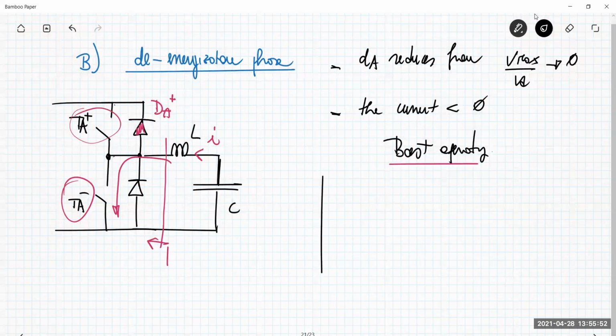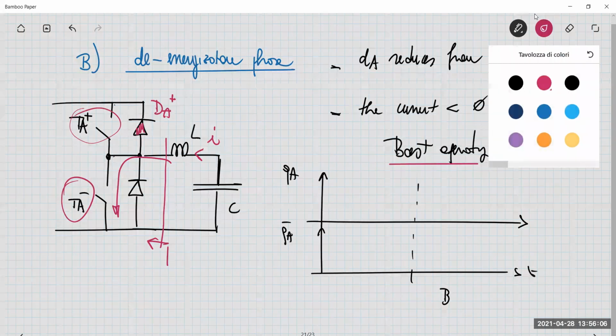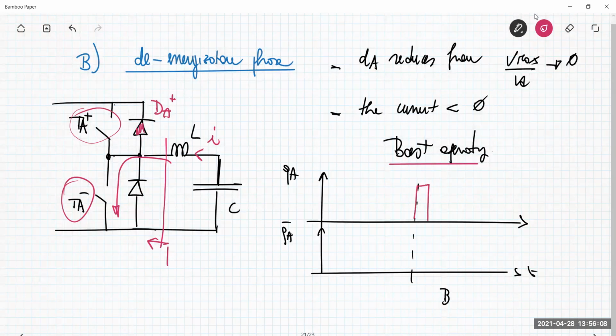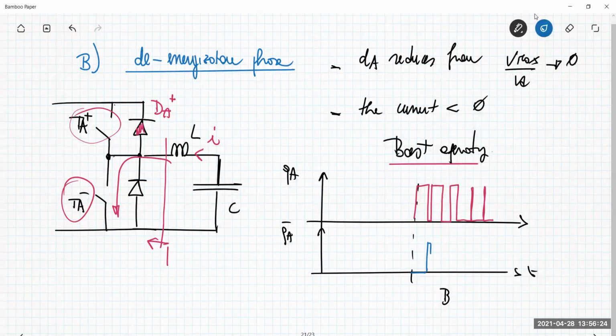If you want, in the phase, let me call here the phase B, Qa and Qa naught can be something like this, a very large duty cycle. Then the duty cycle is reduced up to the point at which it is almost null. Okay. What happens to the Qa naught? This is the complementary.